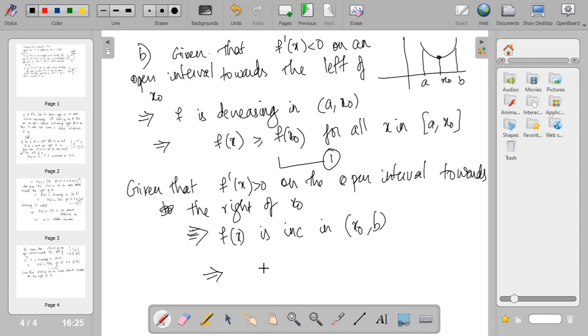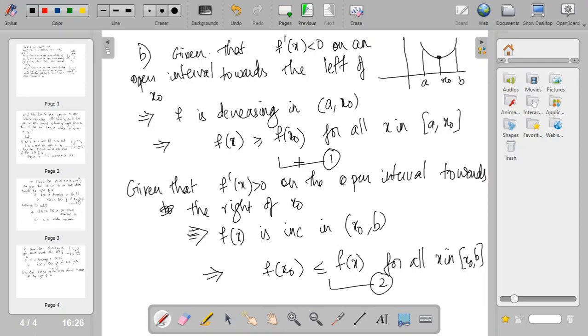So if it is increasing, that implies f of x naught will be less than or equal to f of x for all x in the interval x naught to b. So we will call it 2.